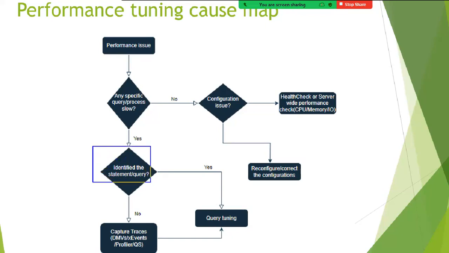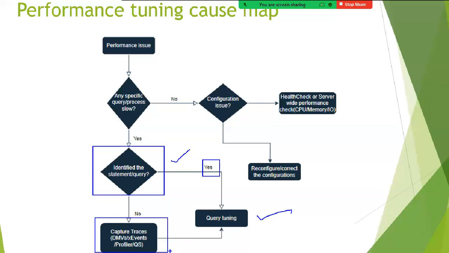So you have to identify the statements of the query. If the query is identified, then it is query tuning, so you will go with query performance, which can be either tuning or tweaking some values to improve the performance. Suppose you don't have a specific statement, as I have mentioned here.